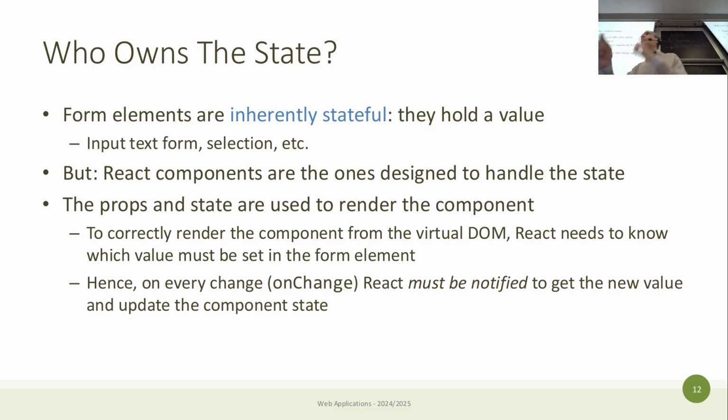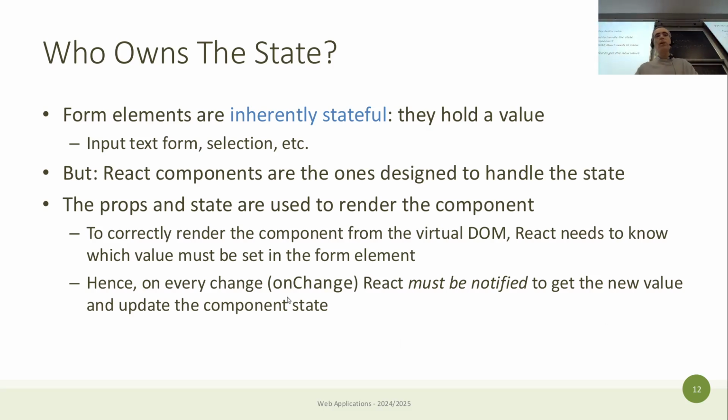But also, what happens when the user types something? We should attach an event handler, this onChange event, to notify React that the user has changed something, change the value, so change the state inside React, and React will do the rest. It will update the visualization. That's the principle of React. You change a state, and the visualization is updated according to the state.